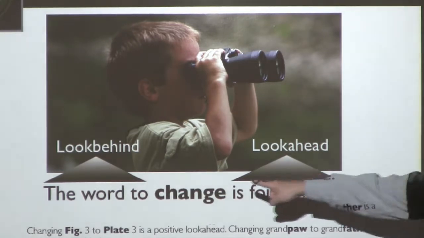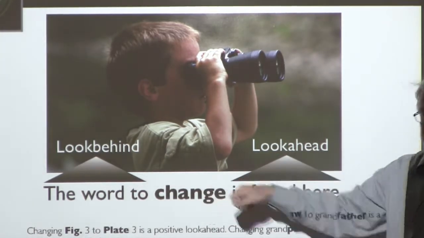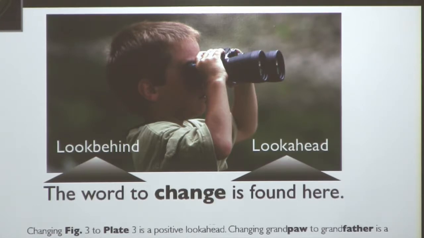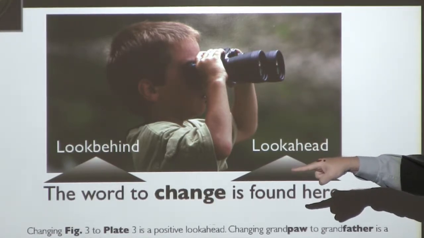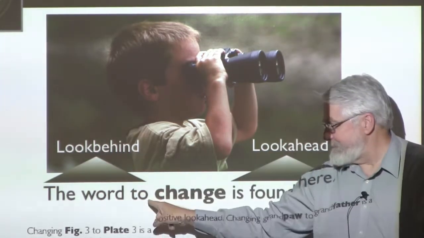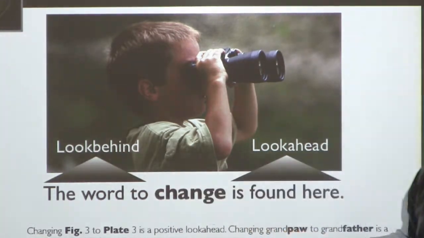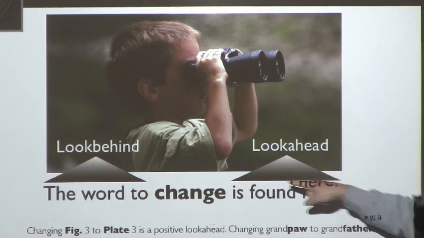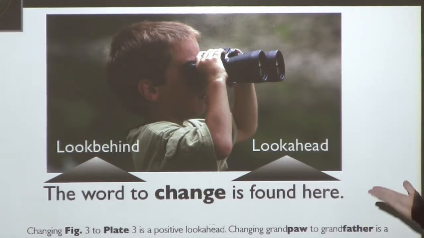If the word you want to change is here, you think of yourself standing on top of that word and looking to the end of the sentence, so that the stuff before it in the sentence is look behind, the stuff after it in the sentence is look ahead. Took me forever to figure that out. Without Carrie Jansen, I might still be trying to, okay, look ahead didn't work, I'll try look behind.